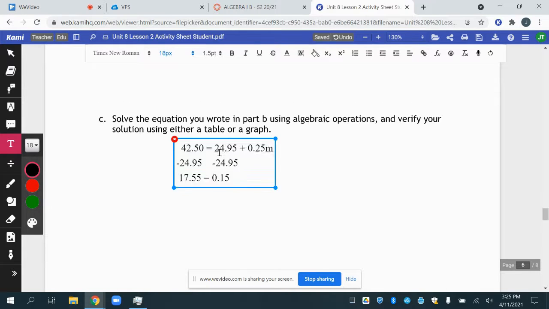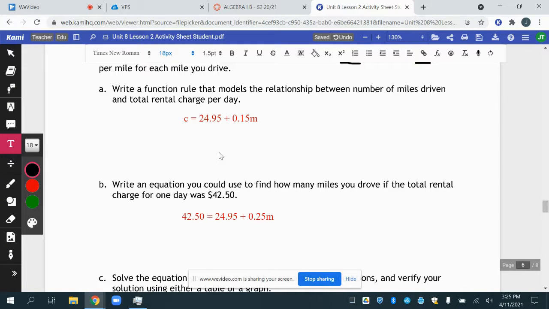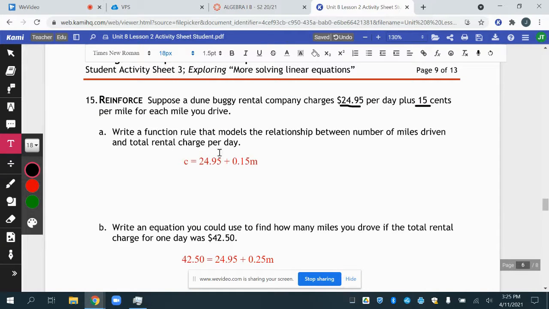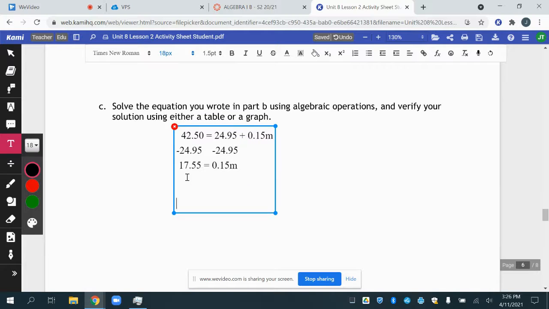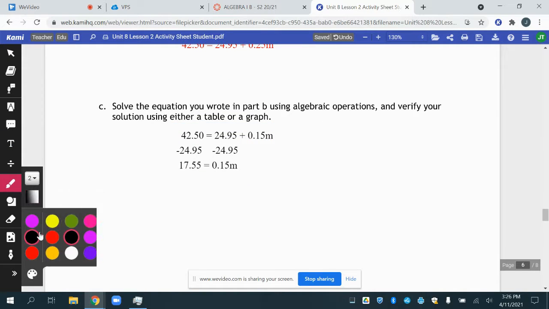15 cents. Right? 15 cents. So that's a typo up here. Okay, so now I just need to divide both sides by 0.15. Just going to write that one in.